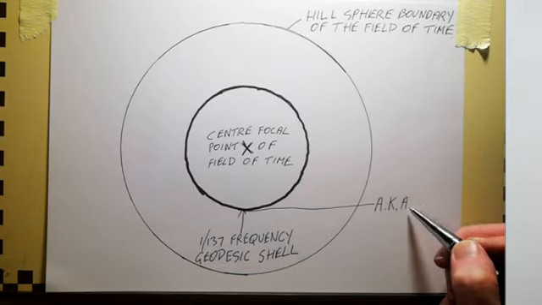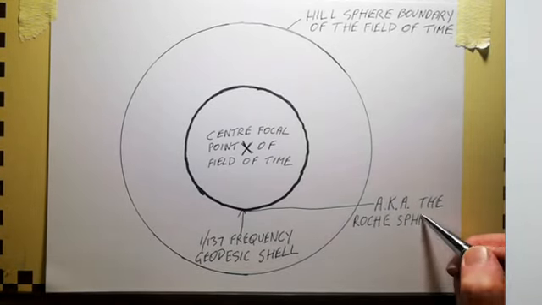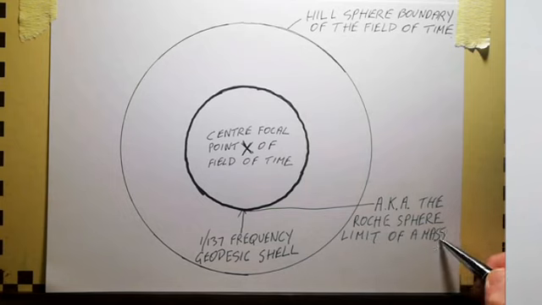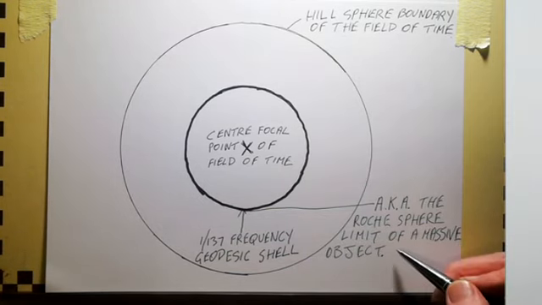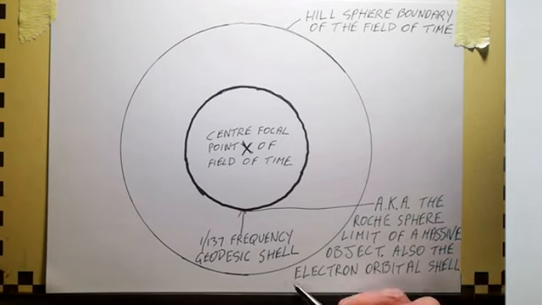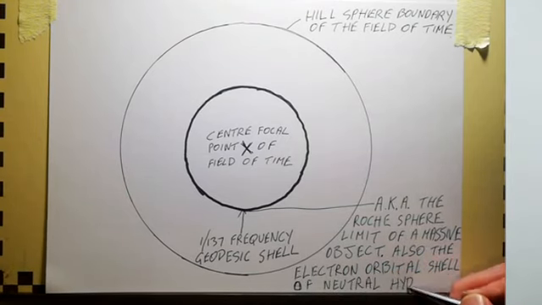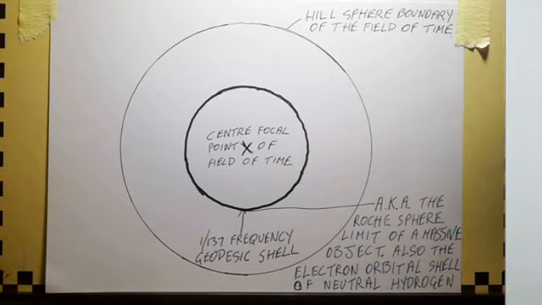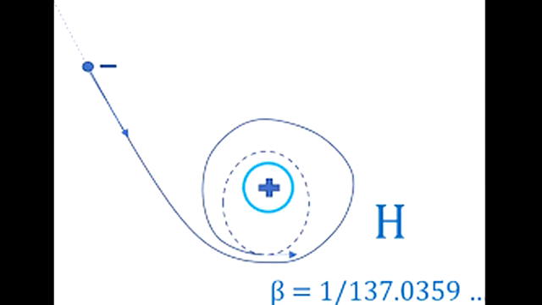The 137 geodesic shell is also known at the macro scale as the Roche sphere of a massive object, and at the atomic microscale as the electron orbital valence shell of neutral hydrogen.